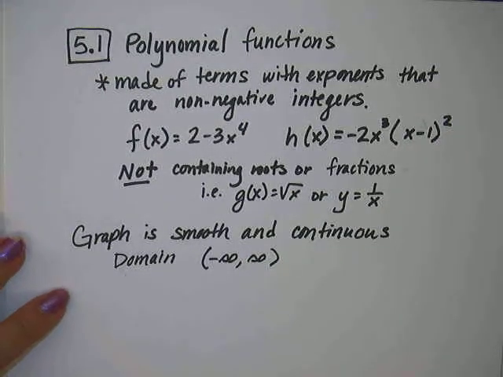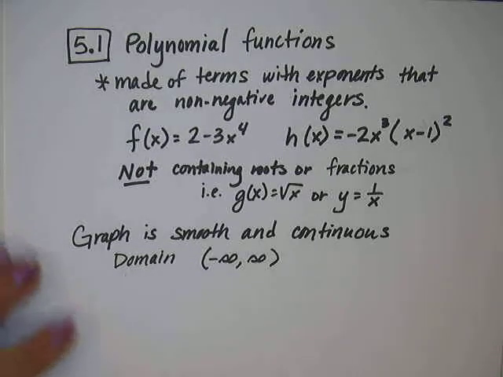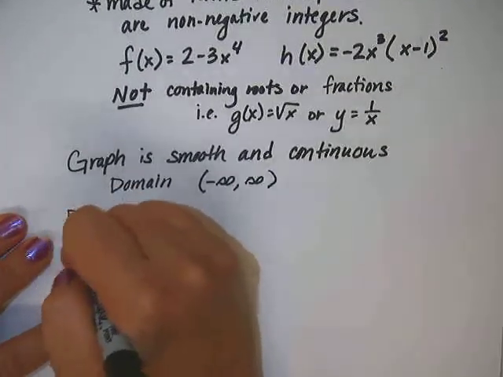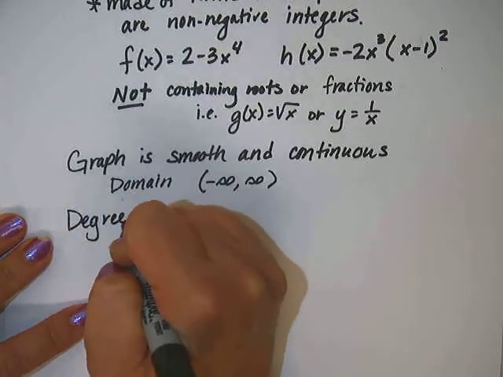So from negative infinity to positive infinity, that's always the domain. Now the range may or may not be the same. It depends on if it has minimums or maximums that cause it to only go up or down to a certain amount.